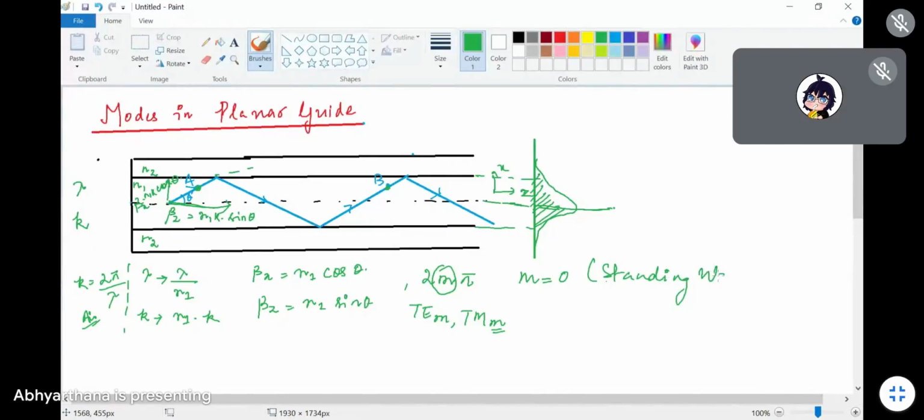Now it is your job, before the next class, to find out what a standing wave is. I don't know whether the other modes were taught to you, but we will see what the TE mode and the TM mode are, and what this m value stands for. We will study the modes in the cylindrical waveguide in the next class.